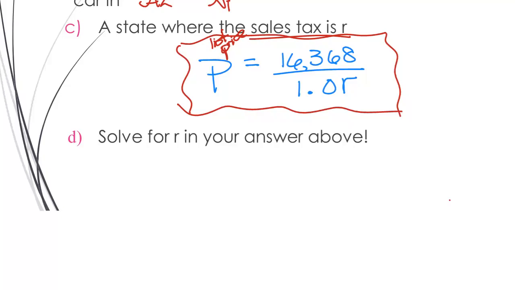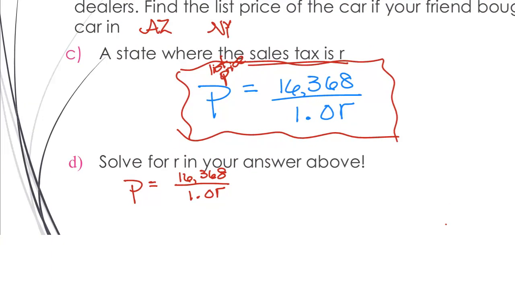So I got to start with P equals 16,368 divided by 1.0 R. And so R, we said, can be any number. If it was a 3% sales tax, it would be dividing by 1.03. If it was 85% sales tax, which I hope not ever, then it would be 1.85.